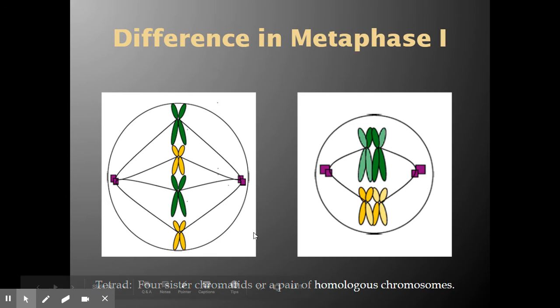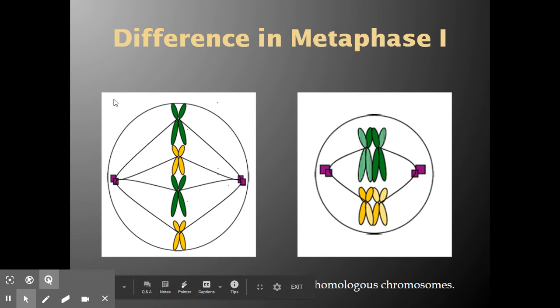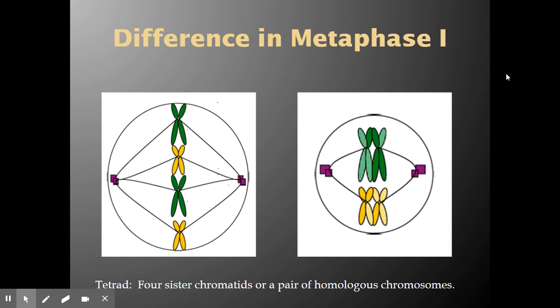However, in meiosis, our chromosomes will look like this when they line up. They'll line up in what's called a tetrad, where we'll have our 4 sister chromatids, or a pair of homologous chromosomes, line up like this. Okay?